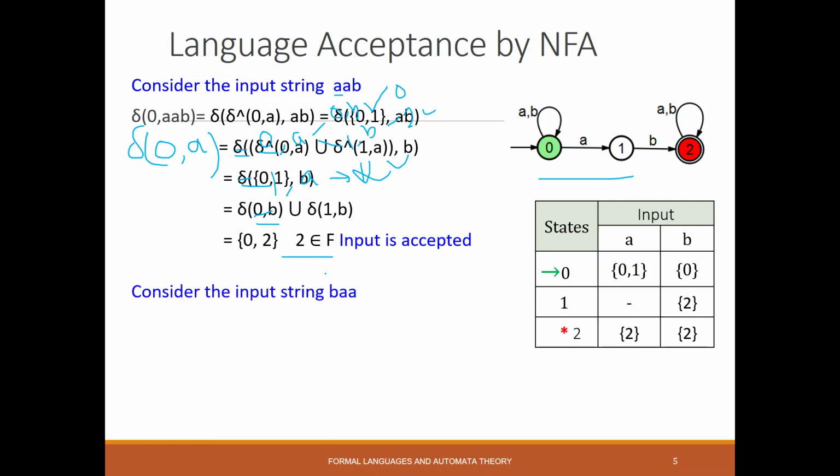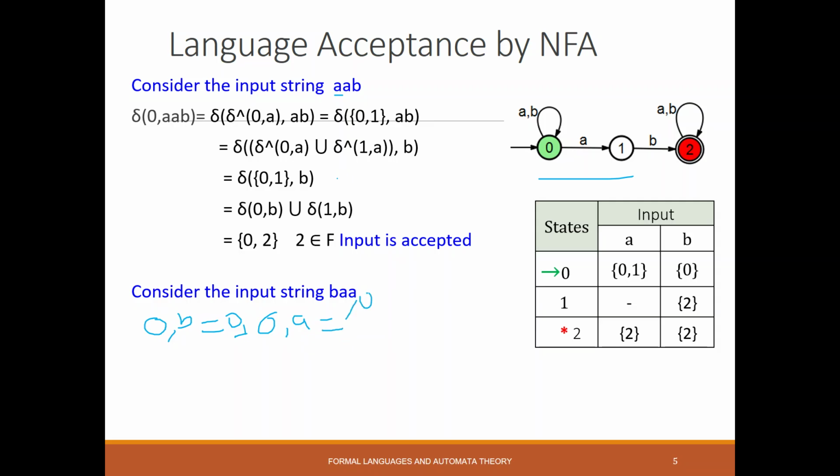Whereas if I use a different string, consider B A A. The initial state is 0. 0 comma B leads to 0. Again 0 comma A, I will be staying back in state 0. 0 comma A leads to again either 0 or 1.